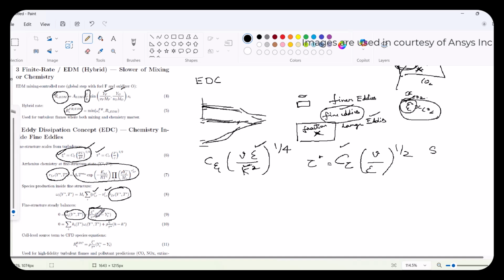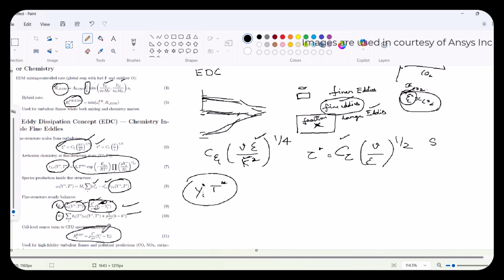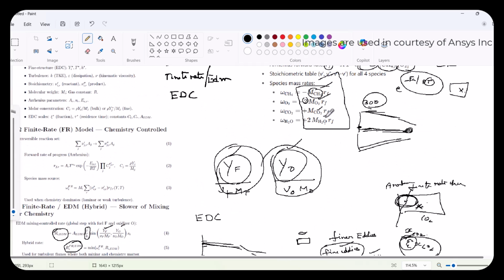We'll substitute here, and we have two unknowns, two variables: Y star is one unknown, T star is one unknown. We'll solve and get Yi star and T star. When these are substituted back into our equation, it helps in identifying the reaction rate. Once this reaction rate is identified, it is multiplied here.